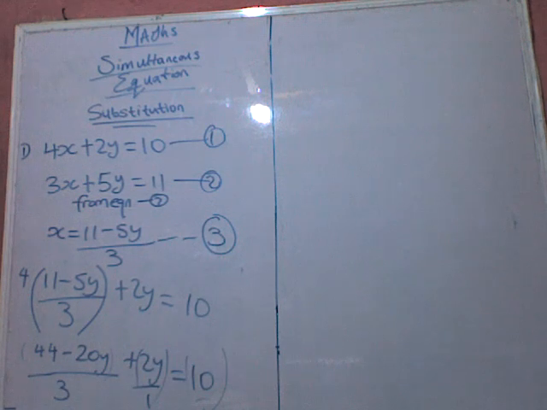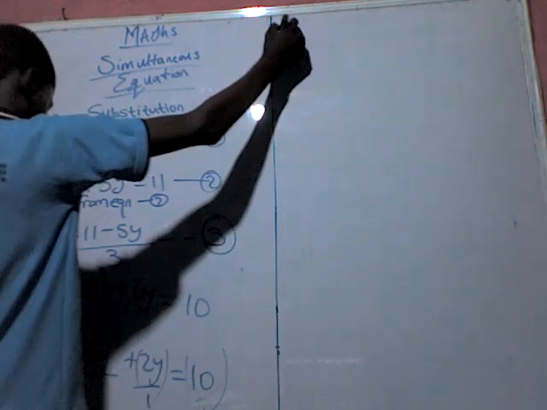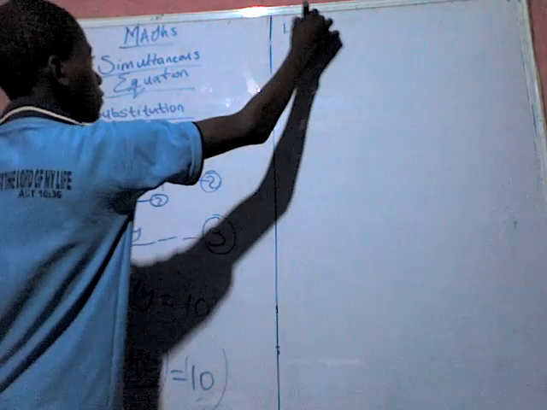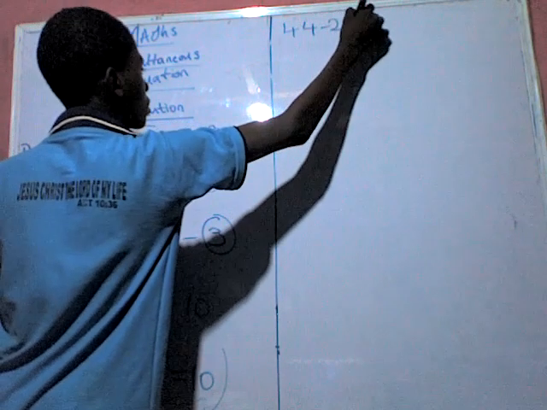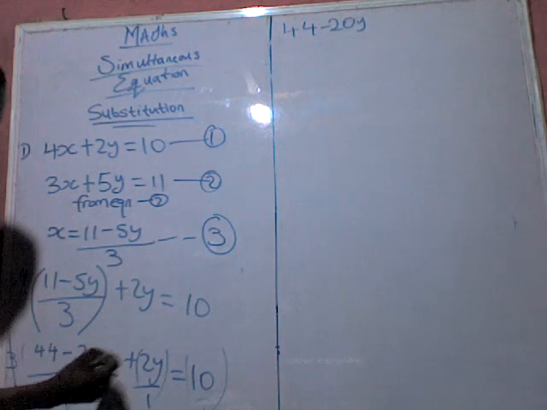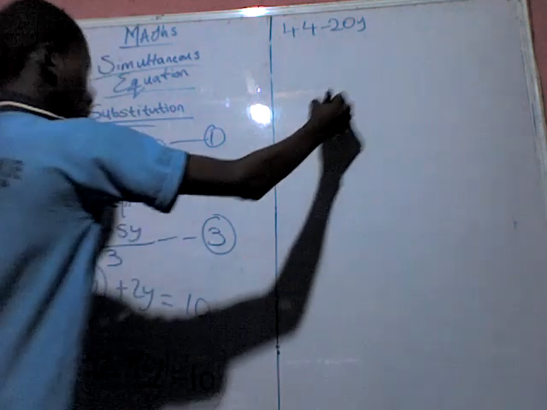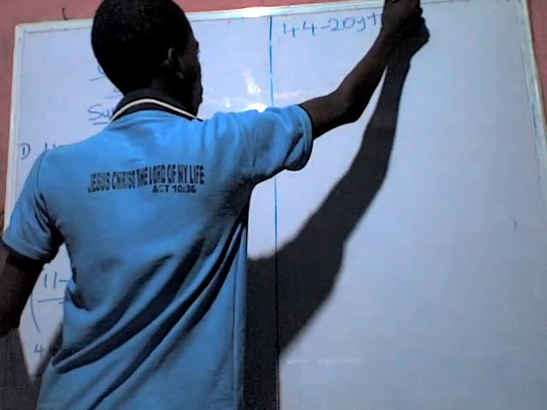So now let's do that. If you multiply by 3 here, 3 times 44 minus 20y over 3, we just cancel this 3 by this 3, leaving us with 44 minus 20y. Then 3 is also multiplied by this 2y, giving us 3 times 2y, which is plus 6y.